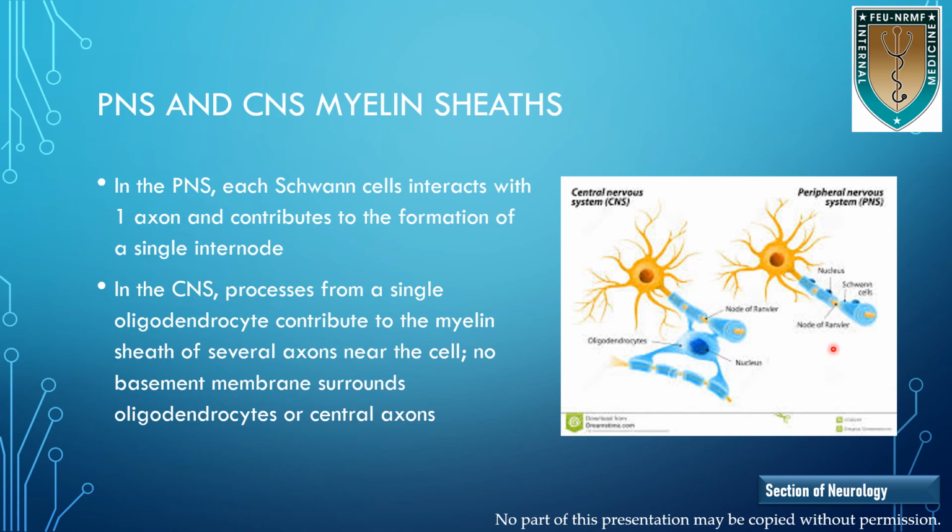In the central nervous system, however, processes from a single oligodendrocyte contribute to the myelin sheaths of several axons near the oligodendrocytes. There is no basement membrane surrounding the oligodendrocytes or the central axons.